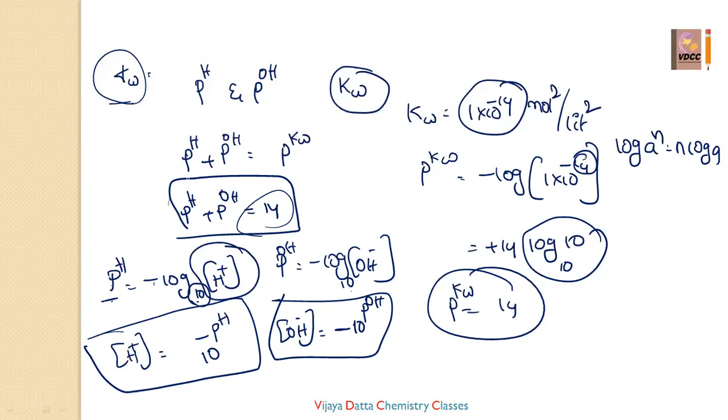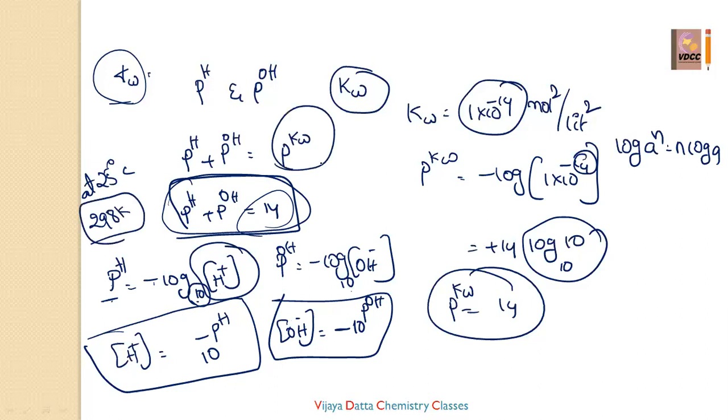See, pH plus pOH is equal to 14 at 25 degrees Celsius, meaning at room temperature, 298 Kelvin, because the pKw value of 14 holds at room temperature only, since the ionic product of water is temperature dependent. So pH plus pOH equals 14 only at room temperature.